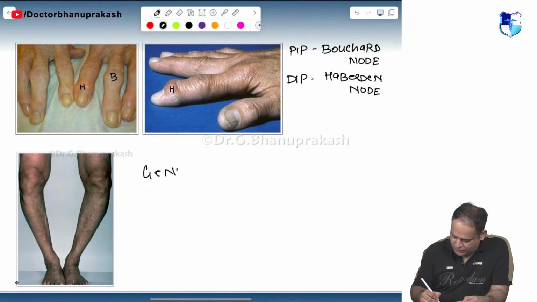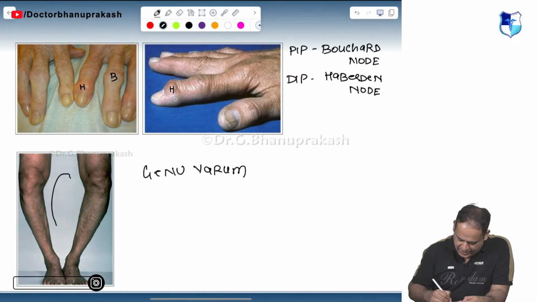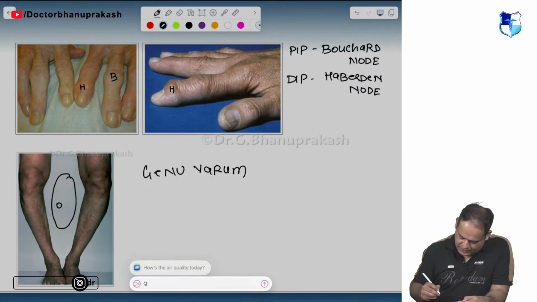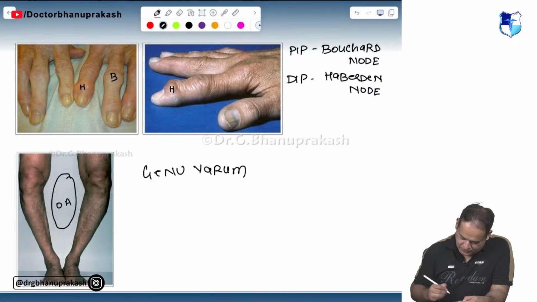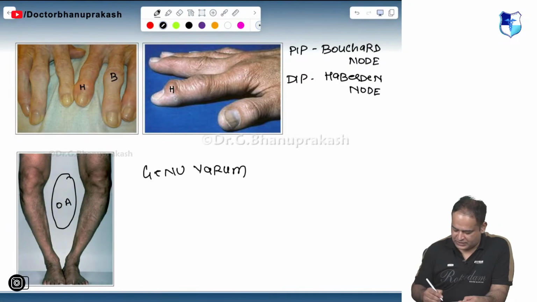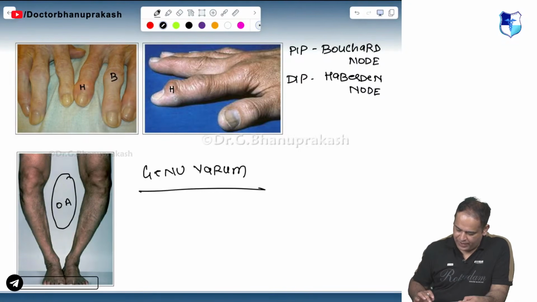Fine. And then what kind of deformity is common? Genu varum. So, the O formed between the legs, that is called osteoarthritis. So, that's a way to remember, genu varum.